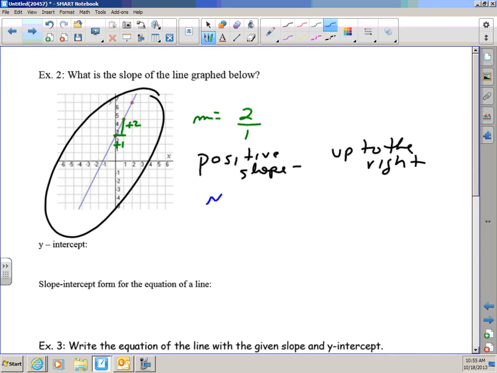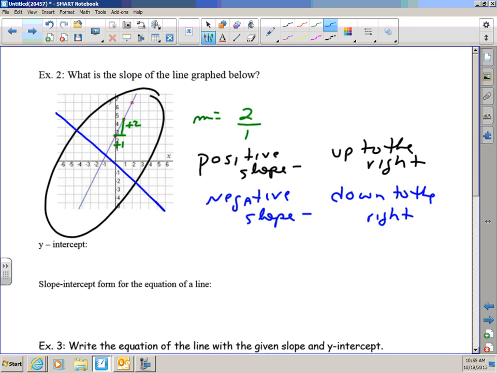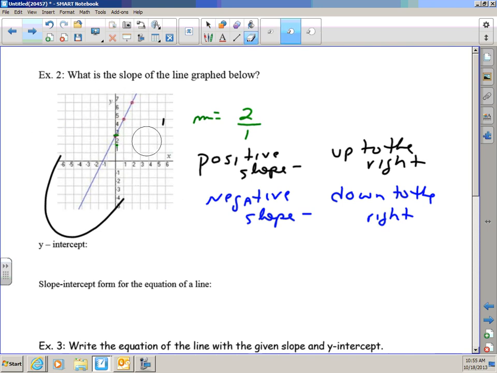A negative slope, excuse me, is when it goes down to the right, something like that. Okay? You can change this around to be down to the left or up to the left. Doesn't matter. It works either way. Okay? Now, I'm going to erase what I wrote here so we can get to the next thing.